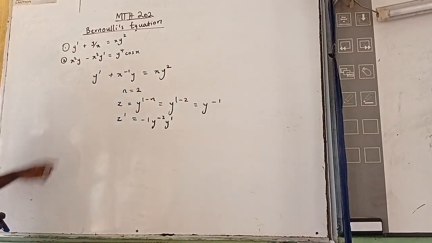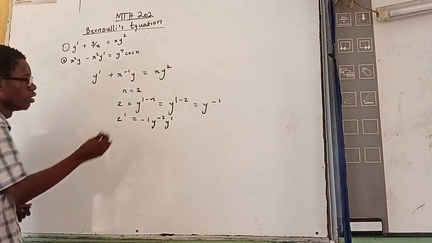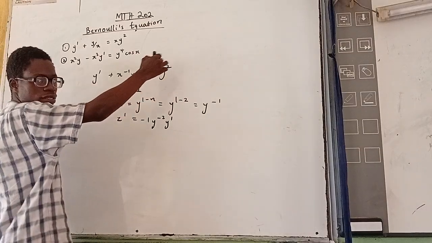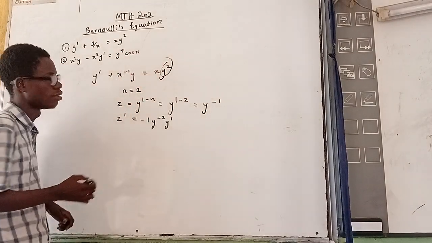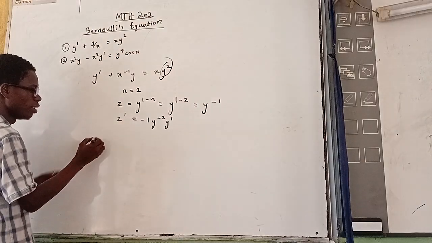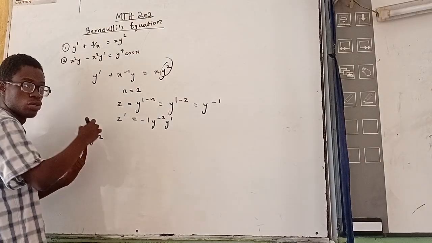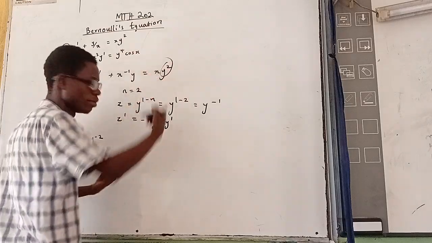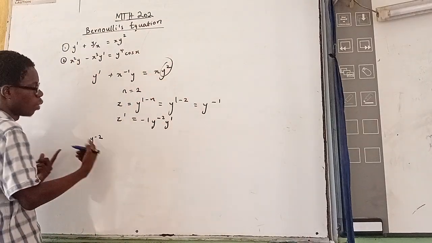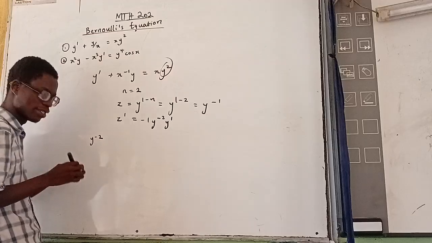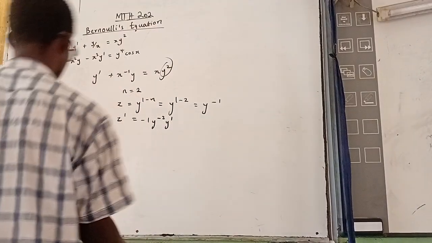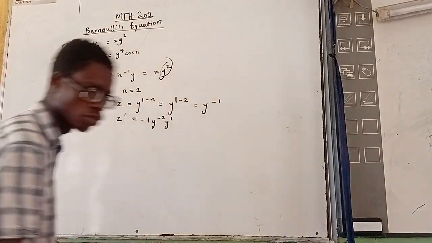So what are we going to do next? We are going to look at our equation, then divide through by y raised to power n. When you are dividing by y squared, it is the same thing as multiplying through by y raised to power minus 2. Let me write it in the normal form so you will not get lost.